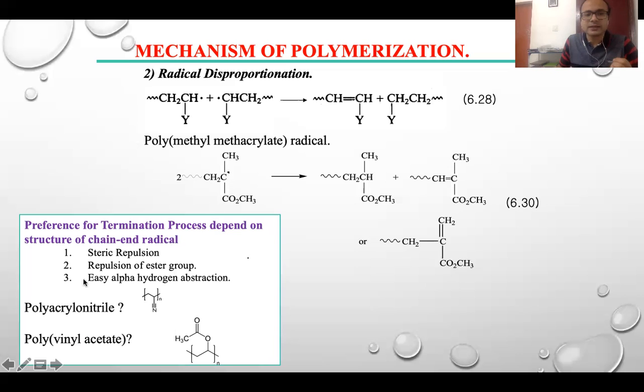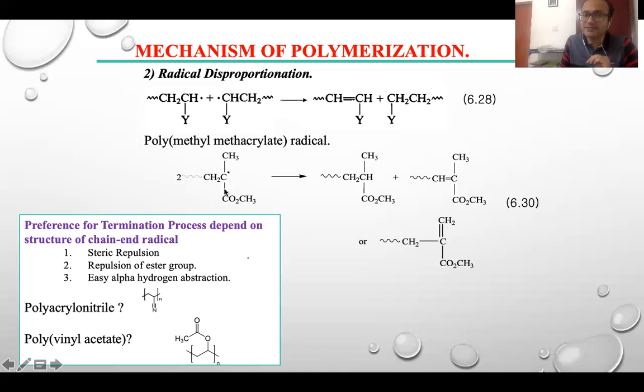Okay. Another one is if you have repulsive groups like ester. So in this particular case, you have an ester grouping. Because of the pi clouds on the COO bond, they generate a lot of electronic repulsion to an adjacent similar group.